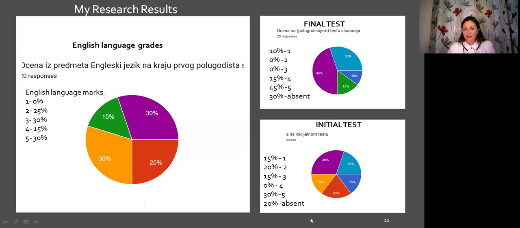But let's check these numbers. On the initial test, I have 30% of grade 5 students. Those are the best students. And their grades from the previous year were like that, 30% of grade 5.